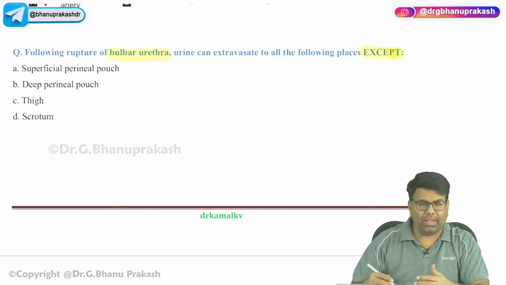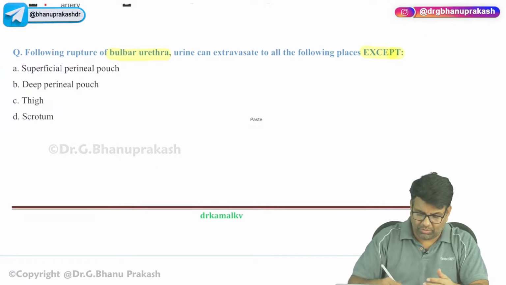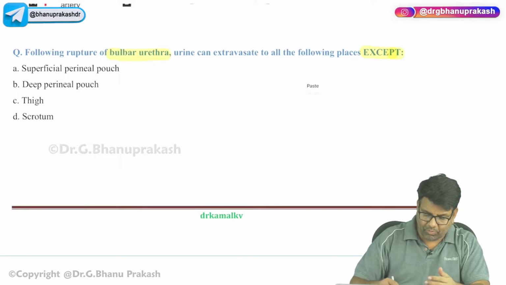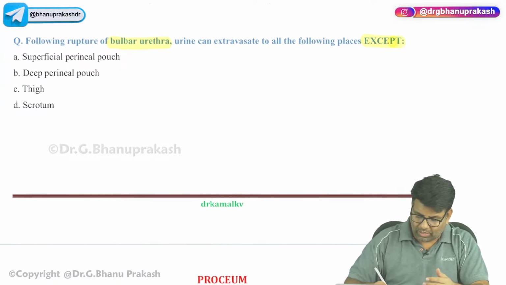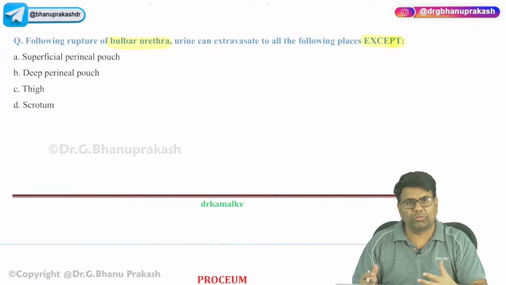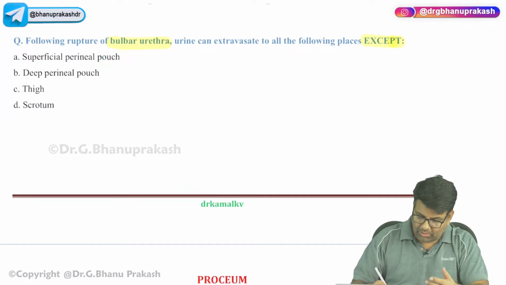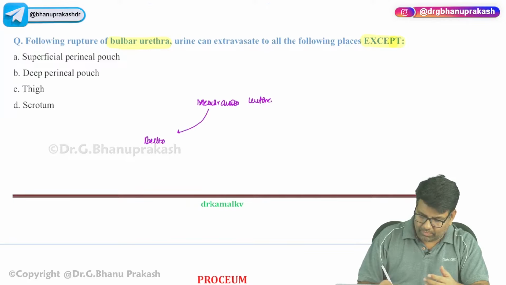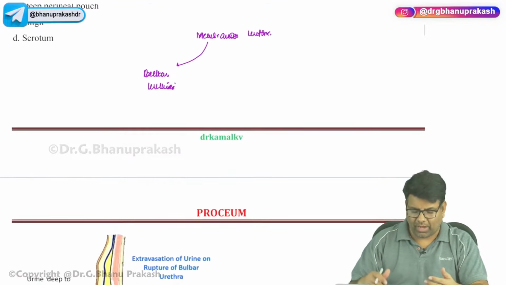So we know that in a male there are four parts of the urethra, and the one in relation to the prostate is the prostatic. Below that we have the membranous urethra, and then we have the bulbar, and then the penile part.